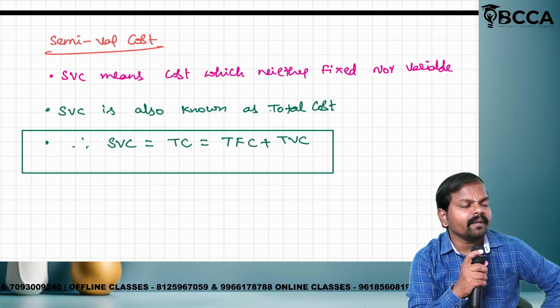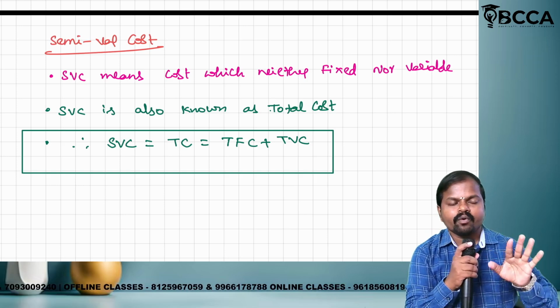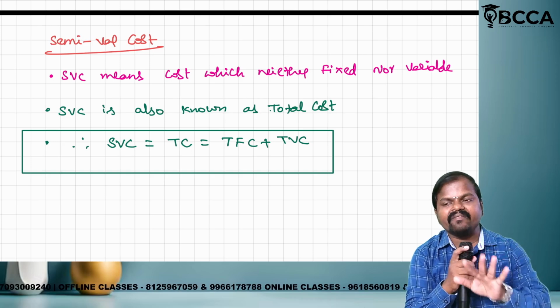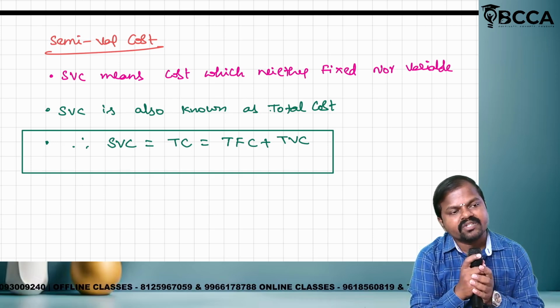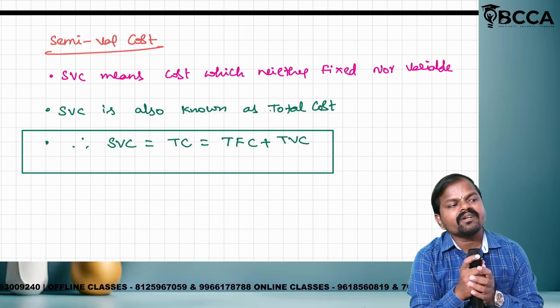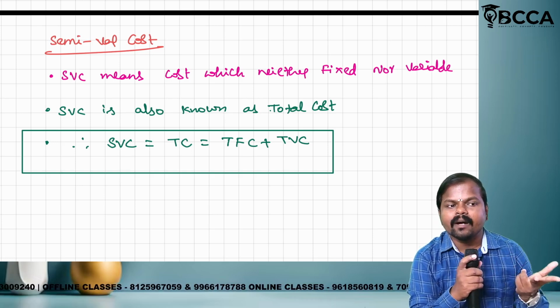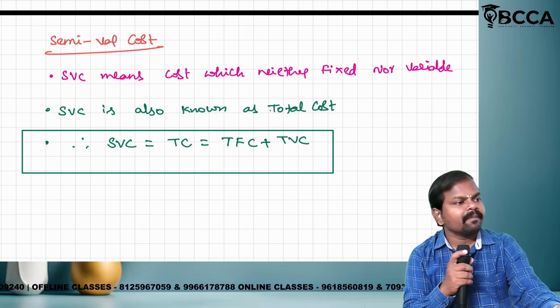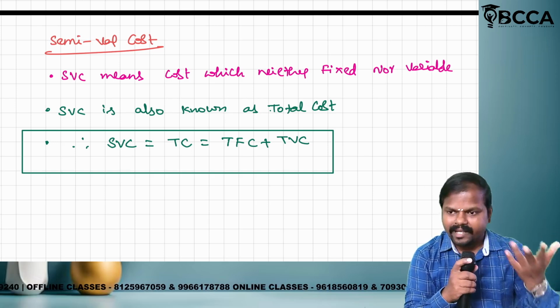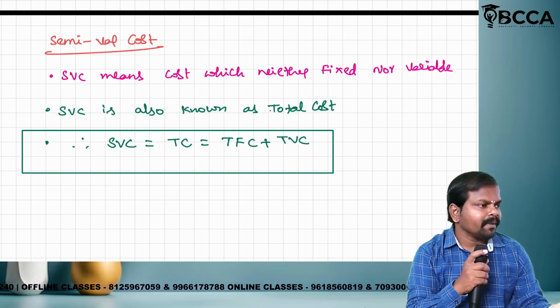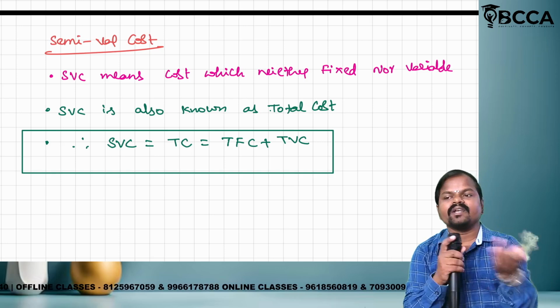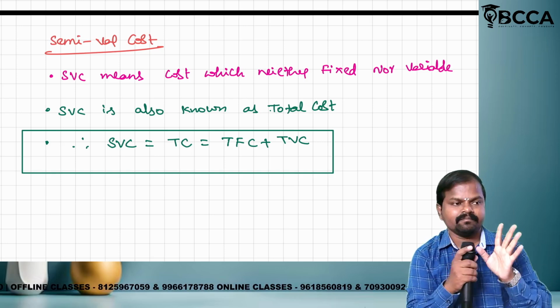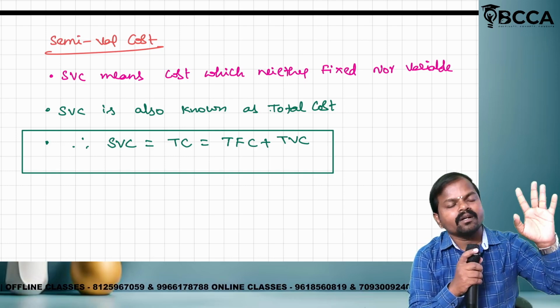Now tell me, if the question paper specifies identify the nature of the cost, which one should be checked first? Fixed or variable? It depends upon the student. You can check variable first. If for variable cost one of the conditions fails, then I conclude it is not a variable cost.